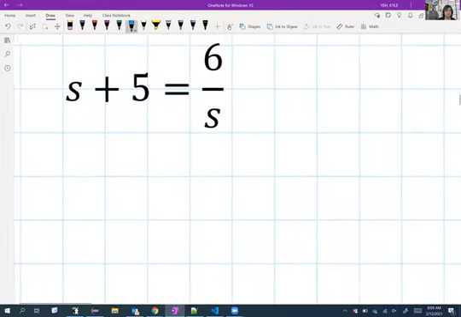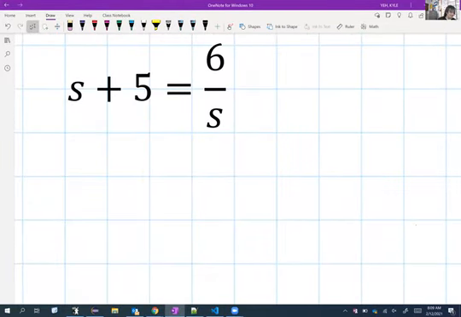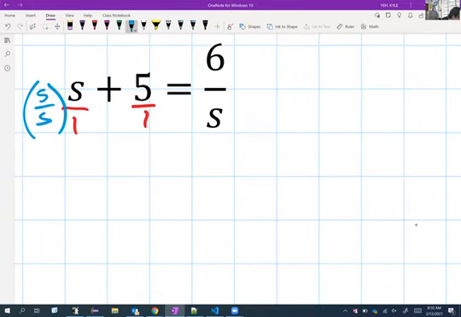All right, let's try this one. s plus 5 equals 6 over s. Now, I like adding those over 1s because it reminds me, yeah, those are fractions. They're just over 1. So s over 1 plus 5 over 1 equals 6 over s. So I think to get a common denominator, we'll need s over s and s over s.